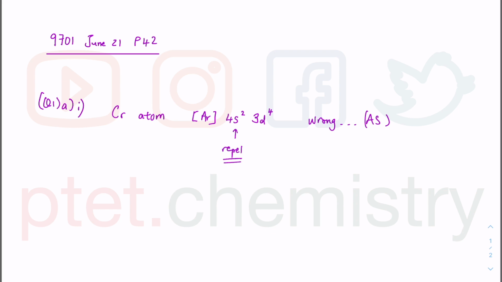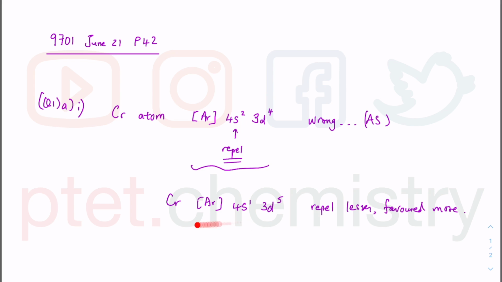When you put 2 electrons in the S subshell, it's much better if you promote one to the D subshell. At least then they are occupying each of the D orbitals individually and pointing in their own directions, such that they repel less. This is slightly more favored, and this is the adopted configuration for the chromium atom.